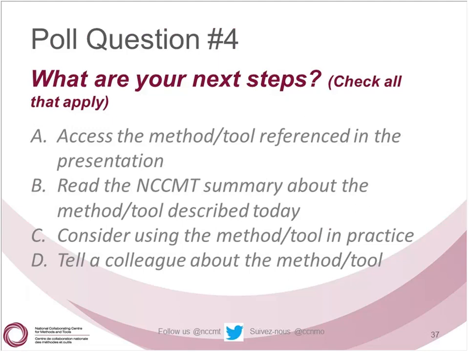So if you could just let us know what your next steps are going to be based on learning about this tool today. It looks like it's many of them: many are thinking of accessing it, reading the summary to learn more, considering using it, and also telling a colleague about it. Thank you for that information.